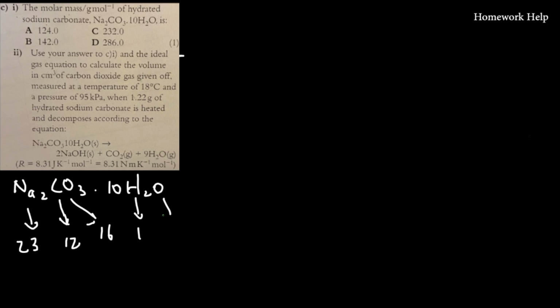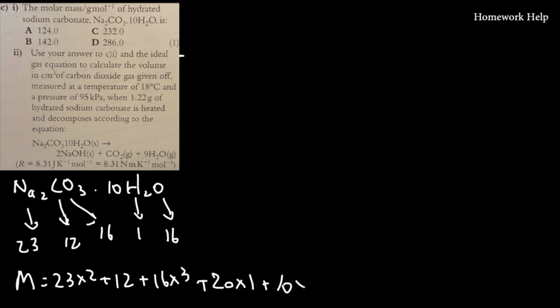So what we have for the molar mass, so molar mass equals 23 times 2 because there's 2 sodiums, plus 12 because there's only 1 carbon, plus 16 times 3 because there are 3 oxygens, and every oxygen has a molar mass of 16, plus, so here it's 10 times 2, so this gives us 20 hydrogens, and they each have a molar mass of 1, plus, and here it says you have 10 oxygens. So you have 10 oxygens and all of them have a molar mass of 16.